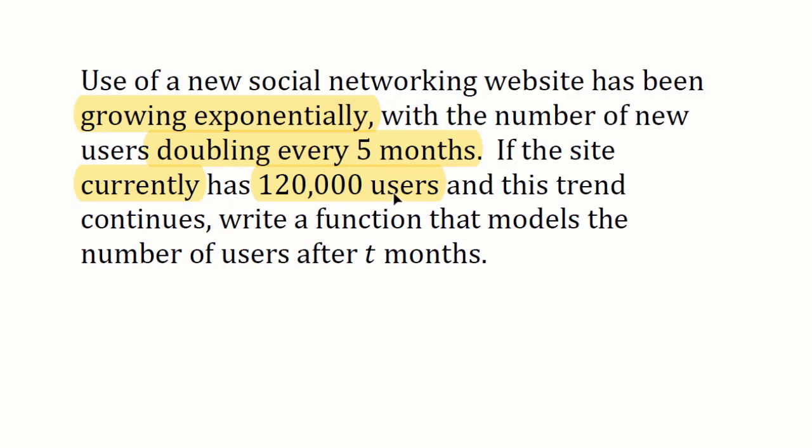Okay, so now think about it: time 0, and 5 months later, and the time here is in months, clearly. So 5 months later, it's going to be 240,000. And in another 5 months, that means 10 months from this current time, we're going to have 480,000 users, etc., etc. And that's the idea right there.